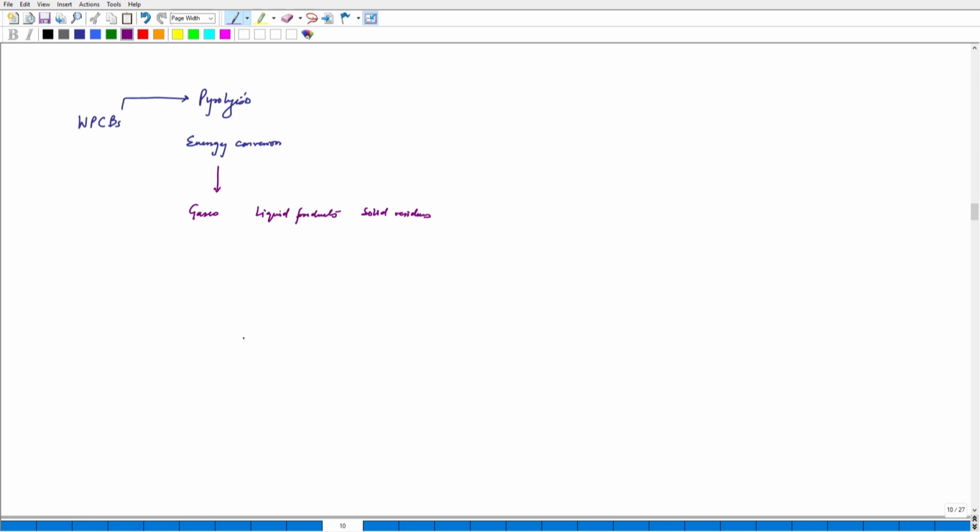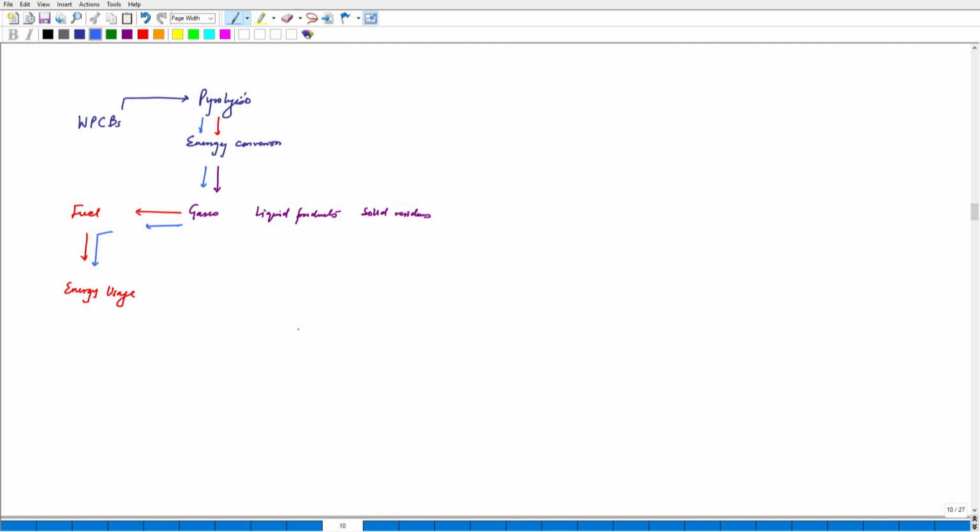But these gases can be treated as fuels. So we have fuel, and this is basically energy usage. So one path is basically wherein we are just going from pyrolysis to gases, and then from gases to energy uses.